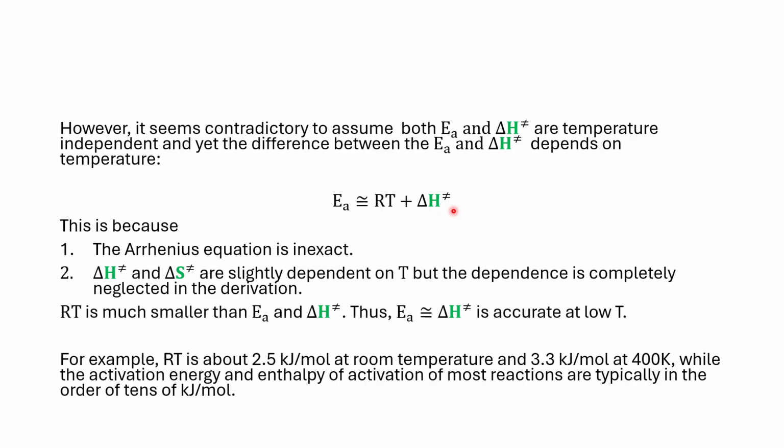For example, at room temperature, RT is about 2.5 kilojoules per mole, while the activation energy and the enthalpy of activation for most reactions are typically in the order of tens of kilojoules per mole.